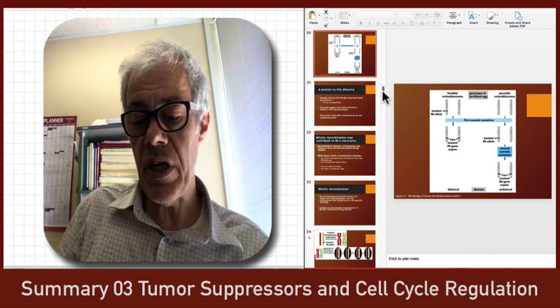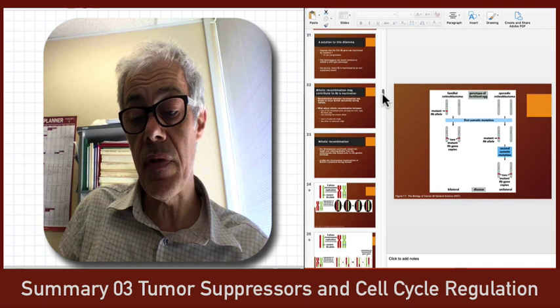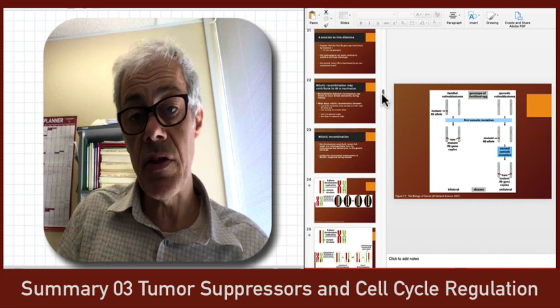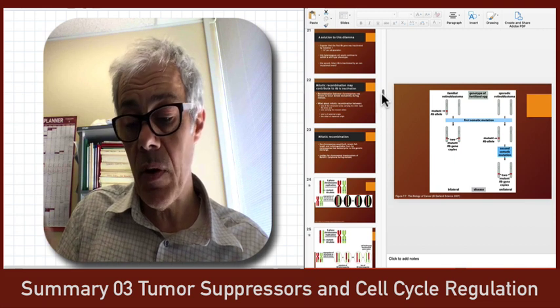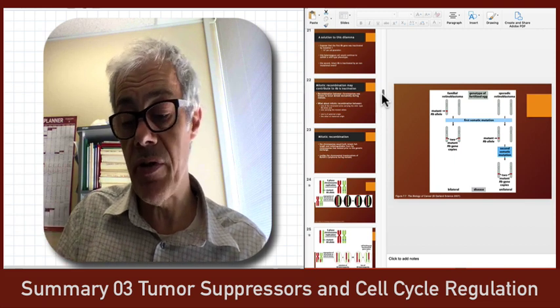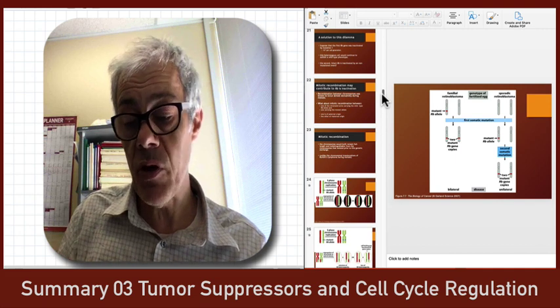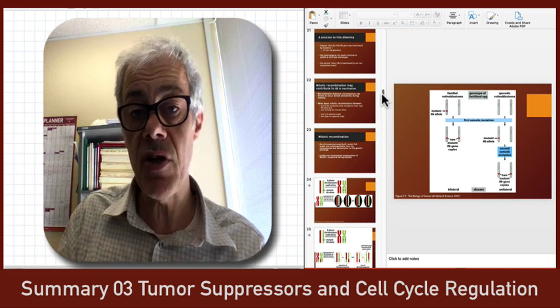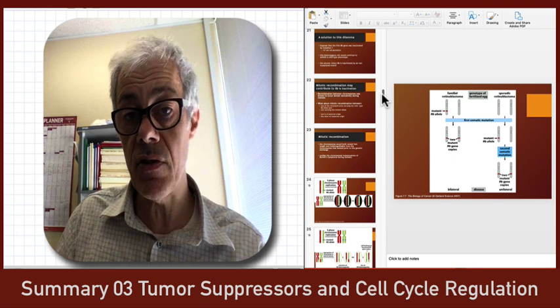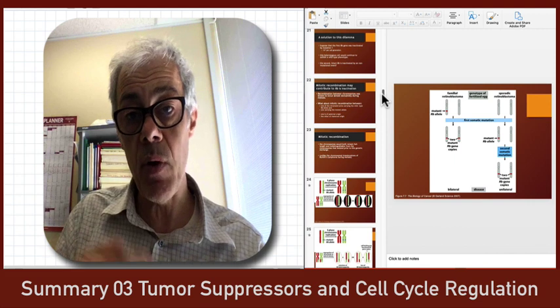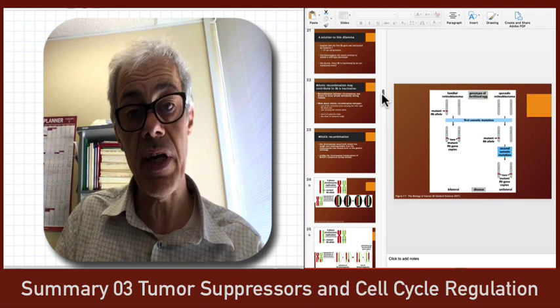In terms of the genetics of this, it differs from that of the oncoproteins, whereas with oncoproteins you have a hyperactivation of one allele, and it's a dominant mutation, whereas in the tumor suppressors, you have to knock out both copies. So you're not enhancing the function of the retinoblastoma, you're actually inactivating the function of retinoblastoma, but because you've still got a good copy, you have to inactivate both of them. Otherwise, the good copy can protect.